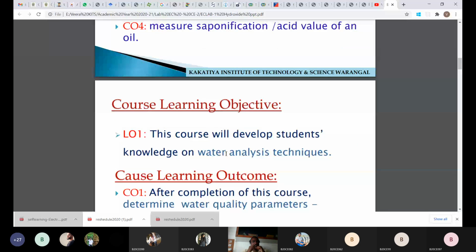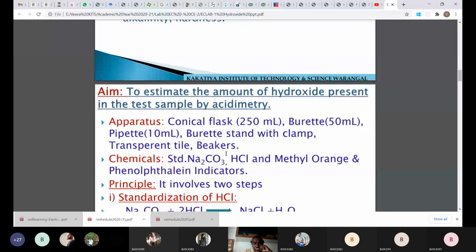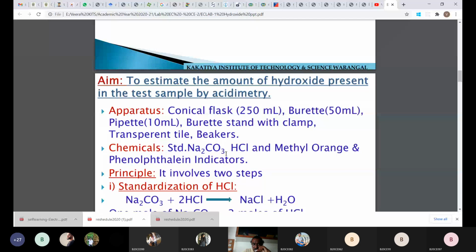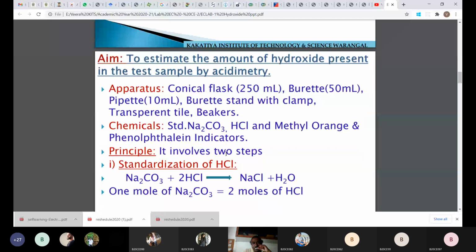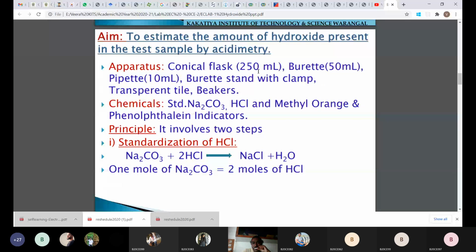Our first experiment is estimation of hydroxide present in the test sample by acidimetric titrations. So what do you need for these experiments? One, you need a conical flask, whose capacity should be around 250 milliliters, and you also need a burette.